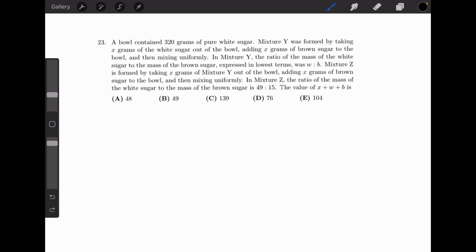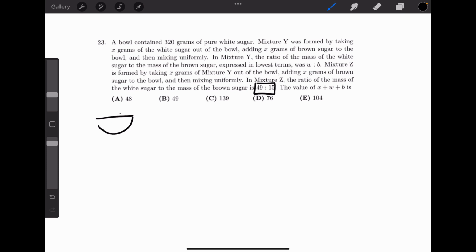Since we have the exact ratio of white sugar to the brown sugar of the mixture Z, we can start from there. And let's first put the information told in the question into a graph so it's easier to understand.